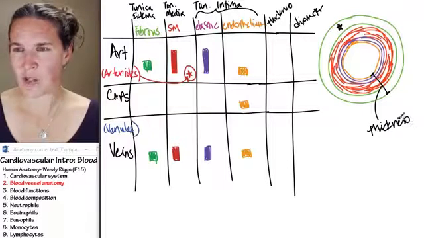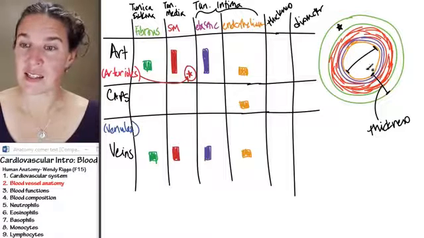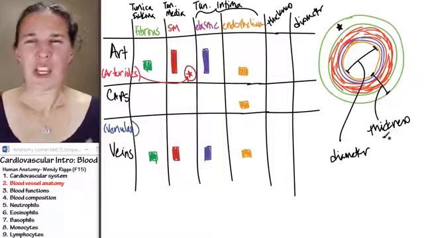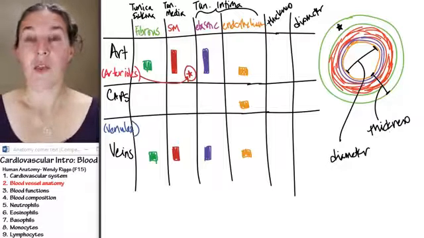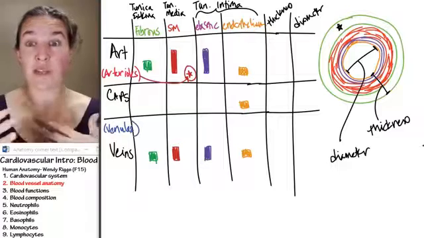And what's diameter? Diameter is the lumen, like the distance across the lumen. And we could throw numbers in there, but who cares? The important thing that I want you to be aware of is relative relationships.